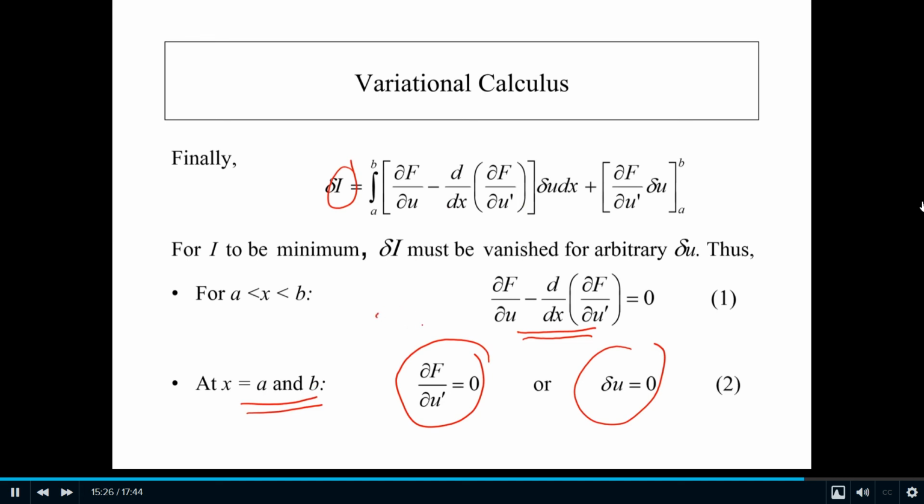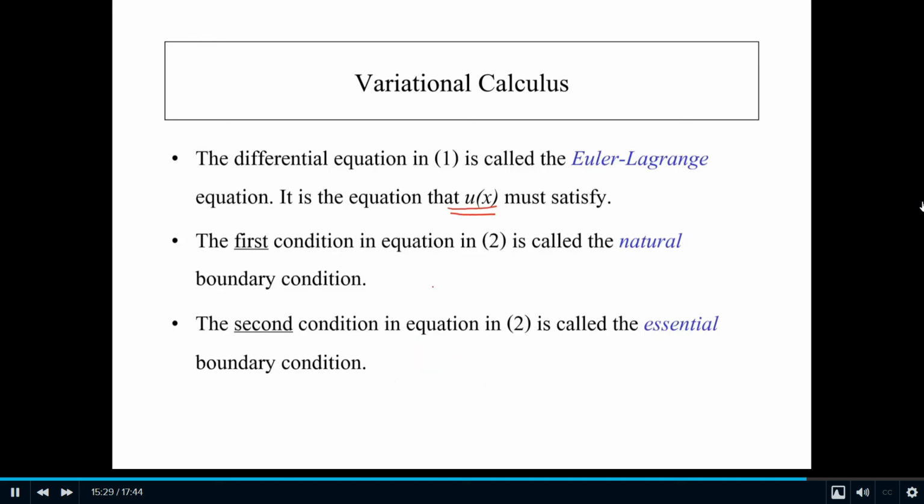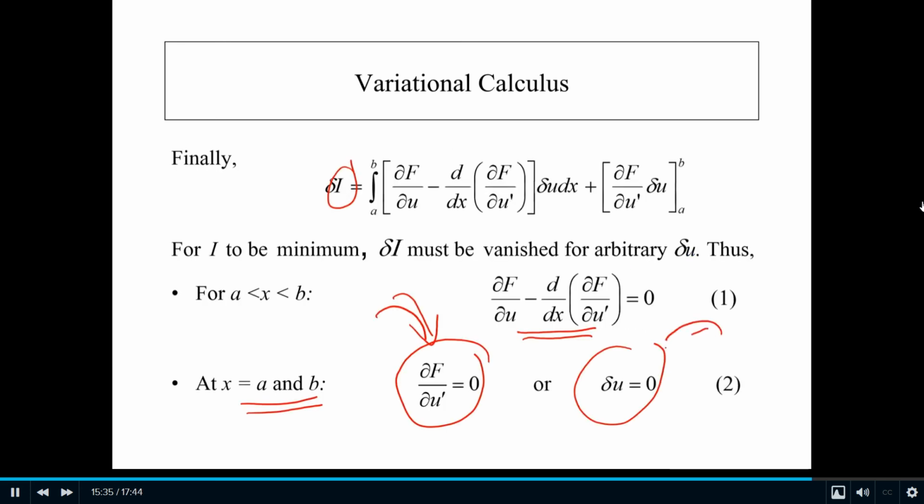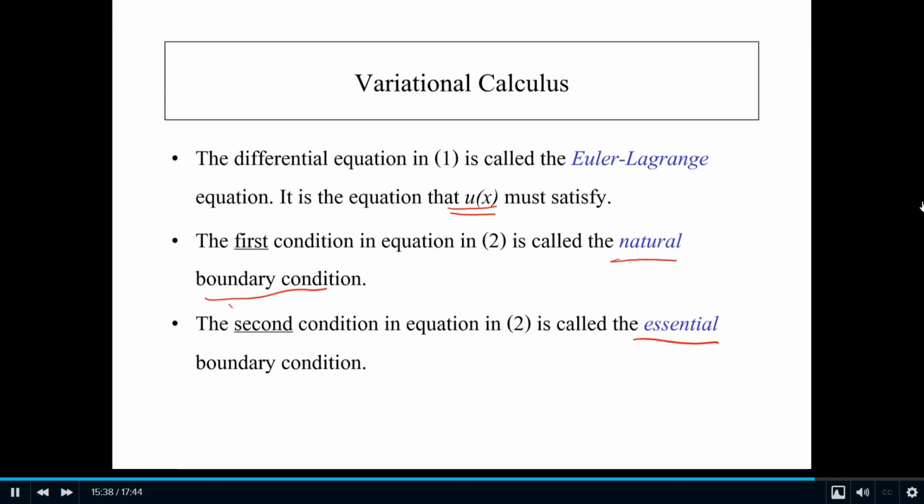If the condition is defined in this form, we call it a natural boundary condition. If it is defined in this form, it is called an essential boundary condition. Together, this is the boundary value problem for your system. Natural boundary conditions are associated with traction or force, as you may have studied with Ajahn Charun before.